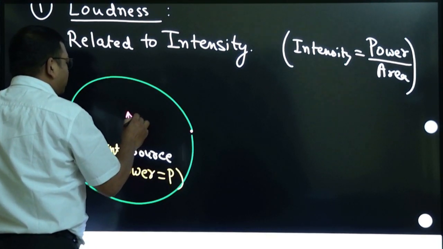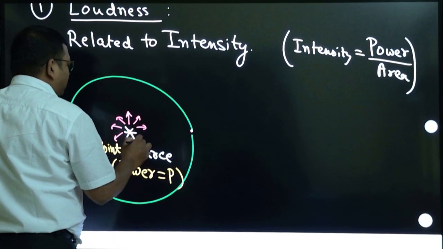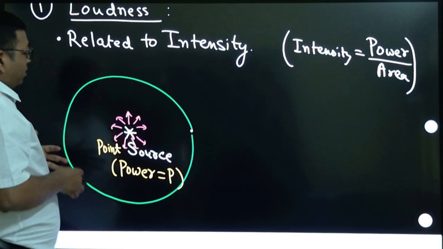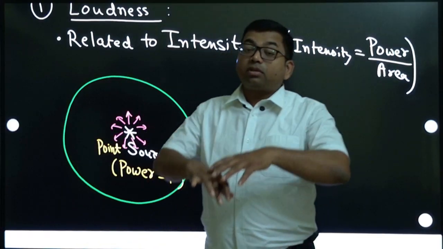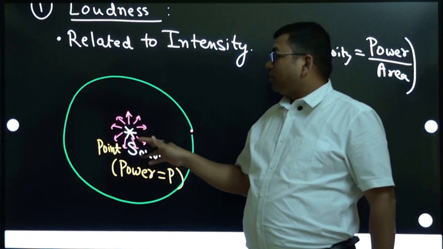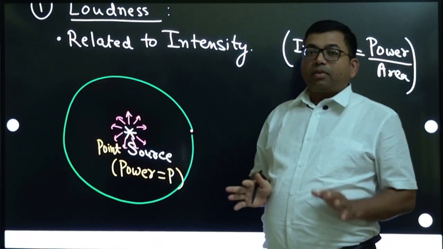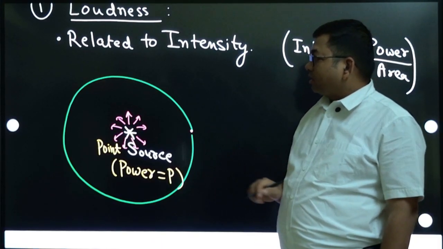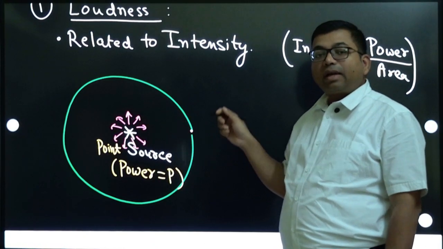Let us say it is emitting energy in all directions. So the energy emitted per second, which is power, is the same energy received on this whole surface per second, right? So the power emitted and the power received on the entire area is the same, and to find intensity here, you have to consider this entire area.